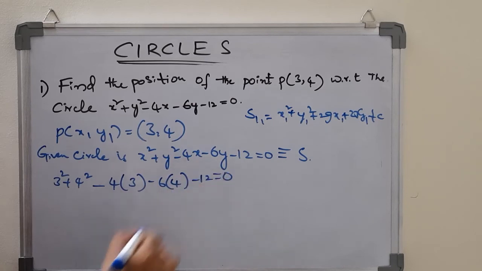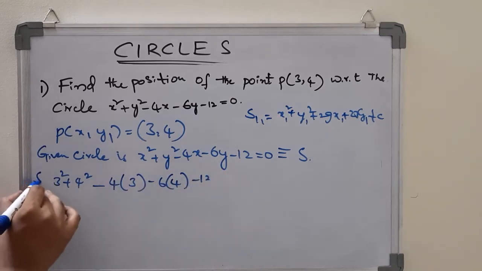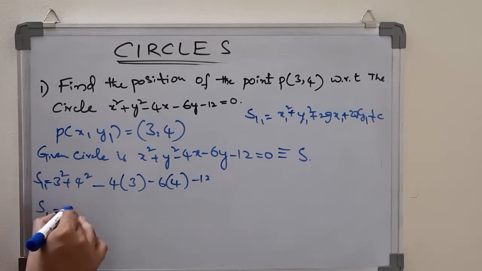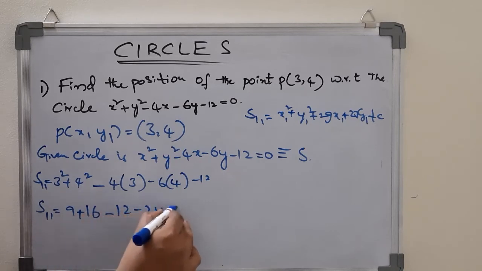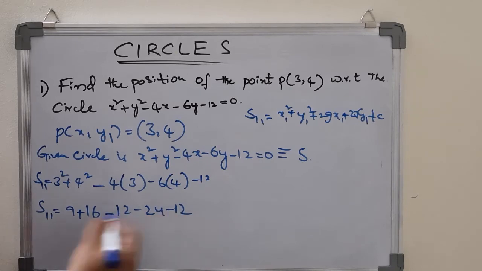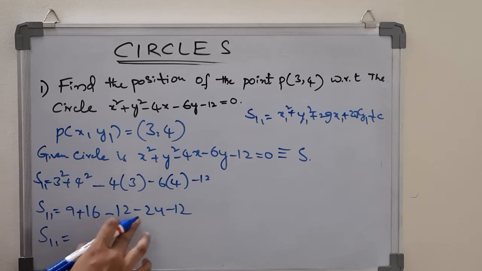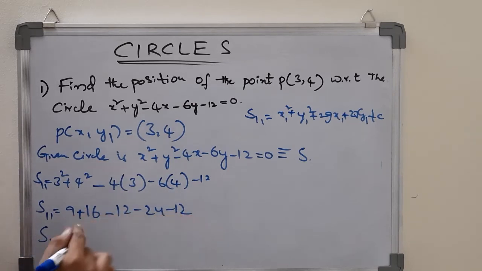S11 equals 9 plus 16 minus 12 minus 24 minus 12. This gives 25 minus 48, that means minus 23.